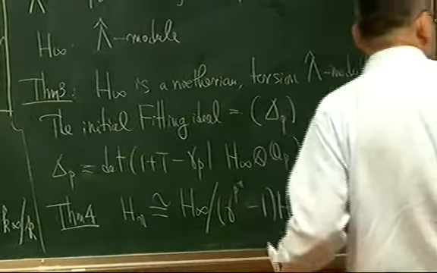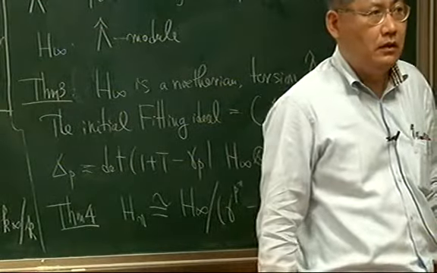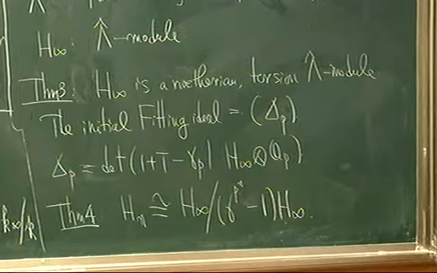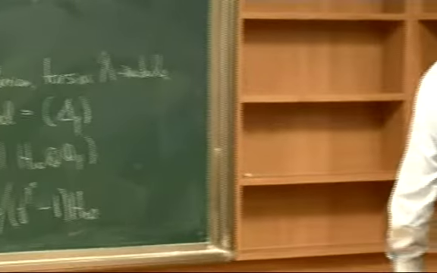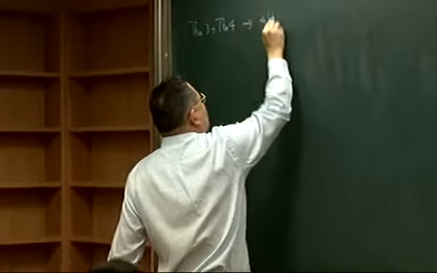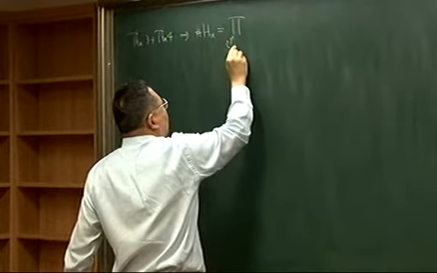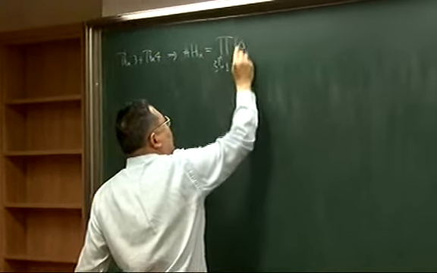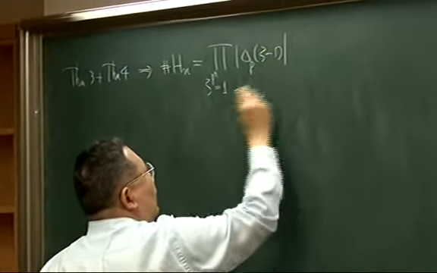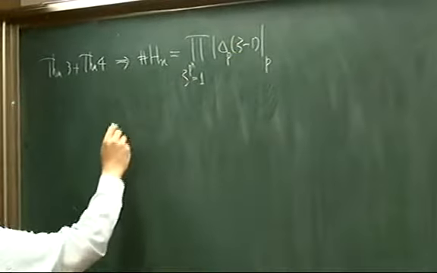And by this Theorem 3 plus Theorem 4, the order of H_n is given by the product of the p-adic absolute values of the Iwasawa polynomial evaluated at the p^n-th roots of unity.